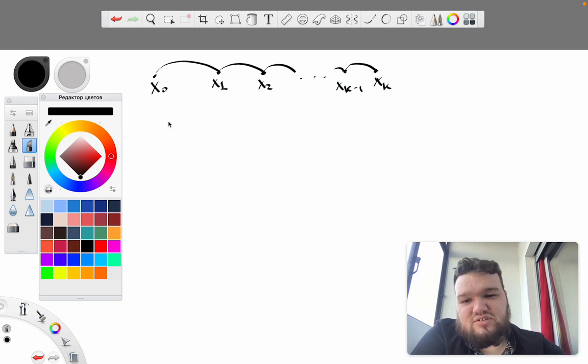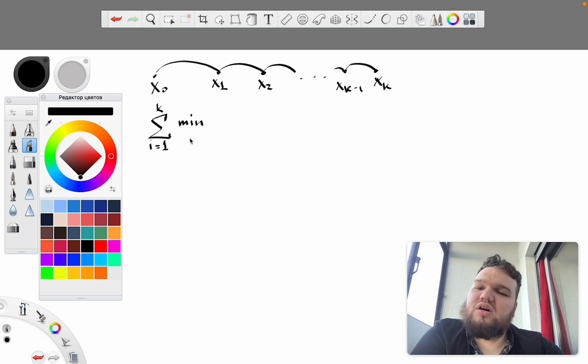So what is the cost? The cost is the sum of the minimum on the segment. Here we are iterating from 1 to k.